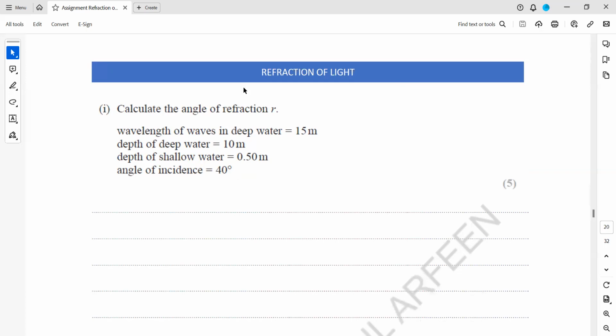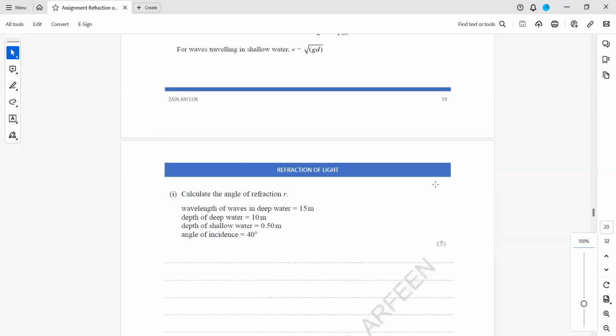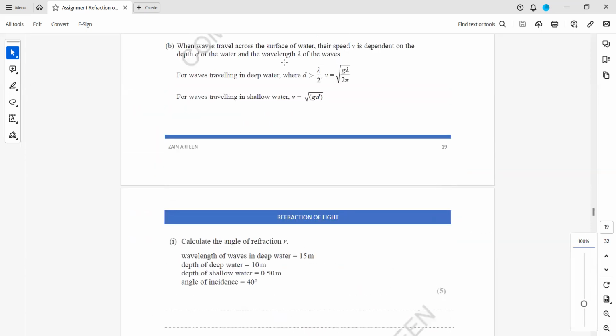So we have to use two formulas here. First we need the speeds, and we need the refractive index of the mediums as well. This is the formula which will give us the speed in deep water: v equals the square root of g lambda over 2 pi.